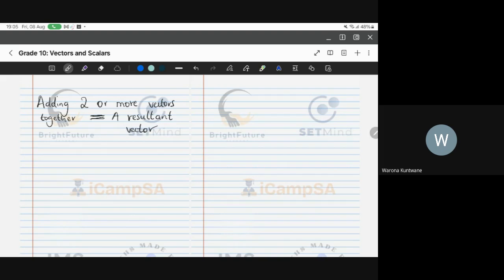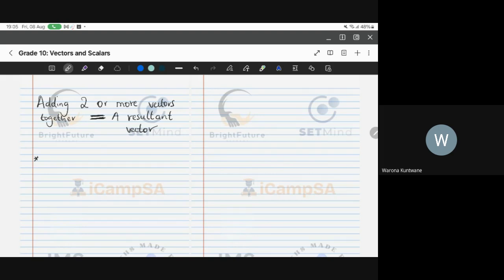Right. Whenever you add two or more vectors together, you get a resultant vector. So a resultant vector, what it's telling us is that if you have two or more vectors, let's say they are going in the same direction, you can literally describe both vectors using one vector, and that vector is called a resultant vector.